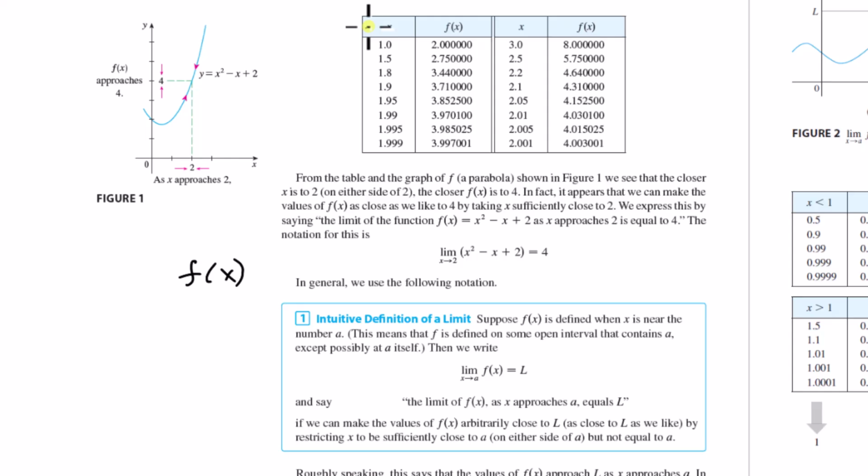All of this had no association whatsoever on evaluating the limit 4, right? What the function is doing exactly at the value we were approaching had no bearing whatsoever on determining this 4 here.